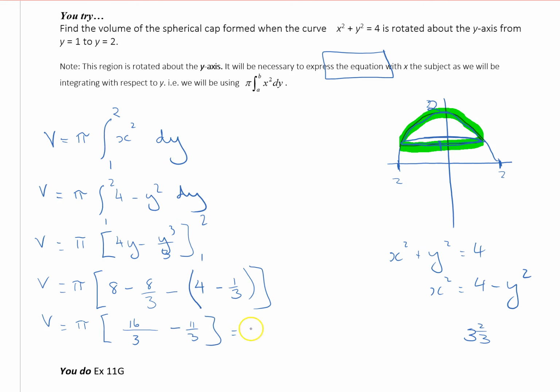So we've got that the volume is pi times 16 on 3 minus 11 on 3, which is 5 on 3 units cubed. Or we could have the 5 at the front: 5 pi, all on 3 units cubed.